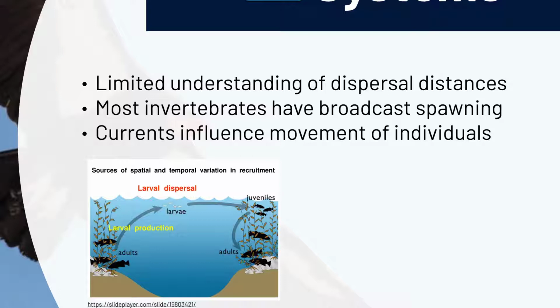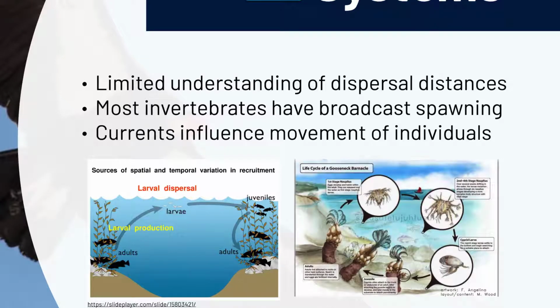The larvae are going to be traveling or dispersing via some unknown distance that's really dependent on the bottom topography, the currents in a region, the proximity to any type of underwater communities, and eventually the juveniles will form, from fish in particular, and those juveniles will then have their own form of dispersal. So it's very, very challenging, as you can imagine, to really capture all of those different elements of dispersal in a marine environment for a lot of these organisms.